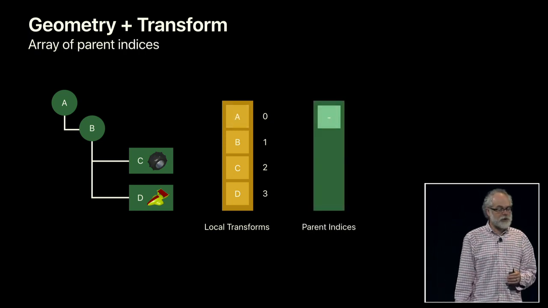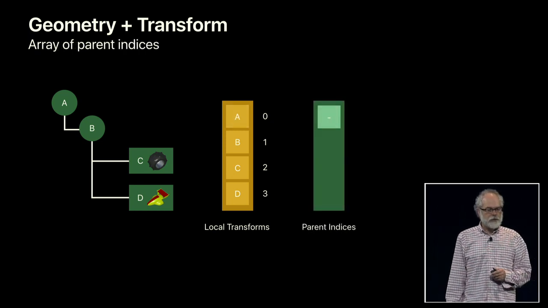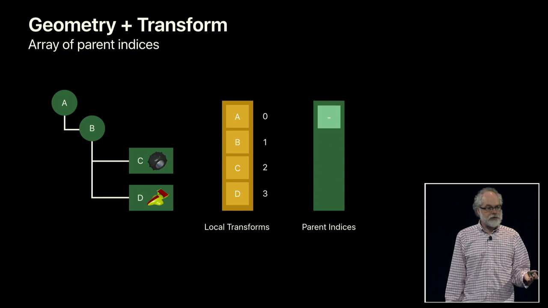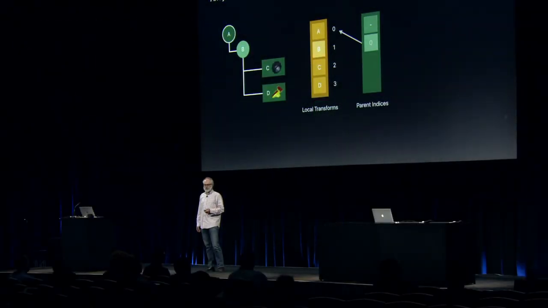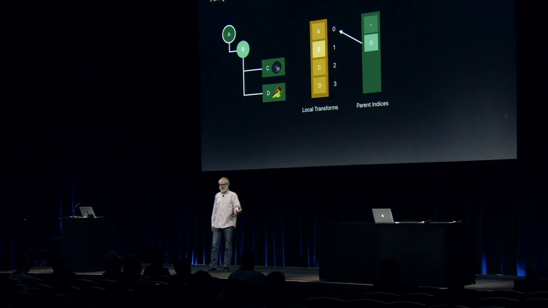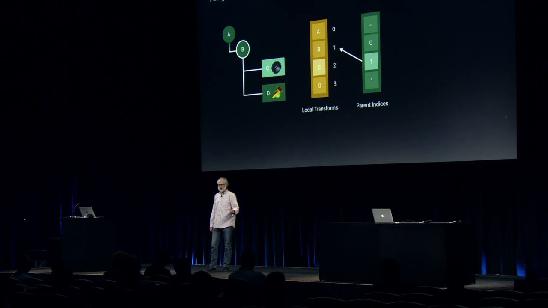Now, I'm going to encode the tree. So I'm going to make another array of parent indices. The first entry is nil. The world has no parent. The car's root, B, has a parent at index 0, which is the world. The wheel is parented under the B transform node, as would the other wheels be.